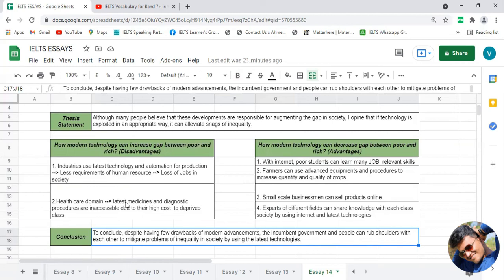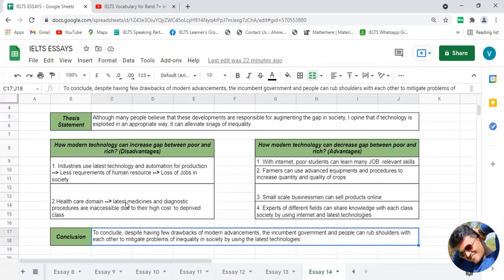And who can do something for using this modern technology properly? The answer of who, I think, would be government can do something, okay, and people themselves can do something to handle this scenario. And what can be done? The answer of what would be, they can work together, okay, to solve out the problems of these things and to maximize the benefit of this particular thing. So that is the general idea of your conclusion.